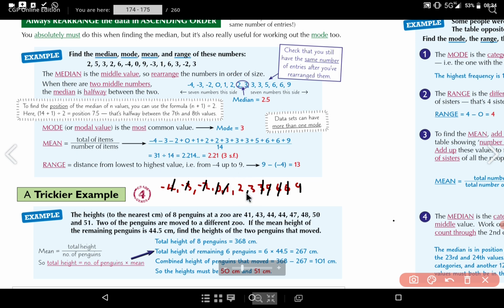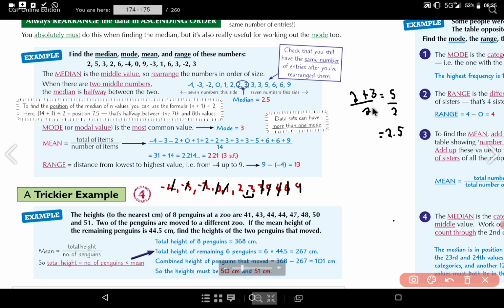If two numbers are in the middle, you add the two numbers, 2 plus 3, and divide by 2 because there are only 2. This gives 5 over 2, which is 2.5.